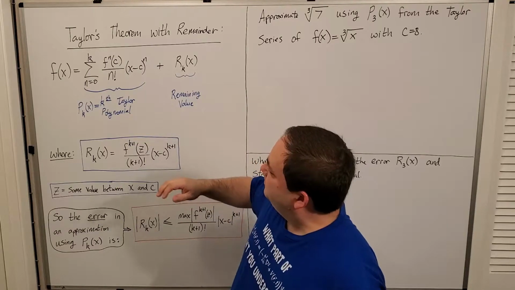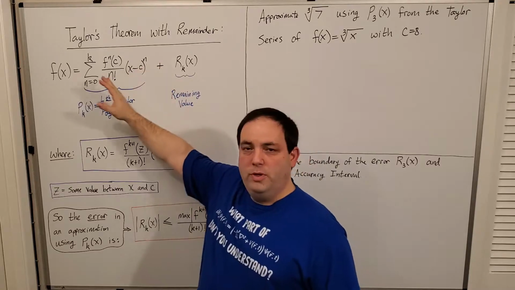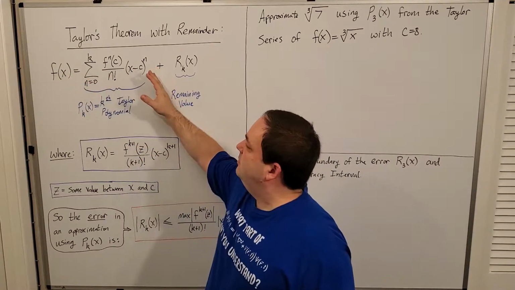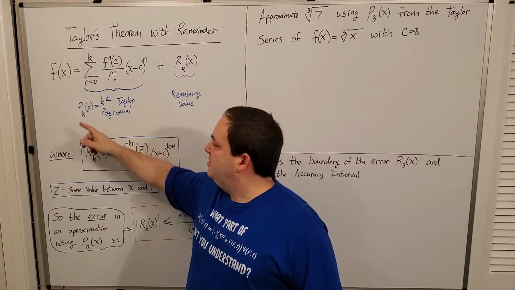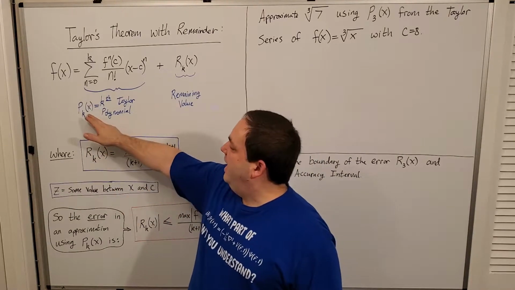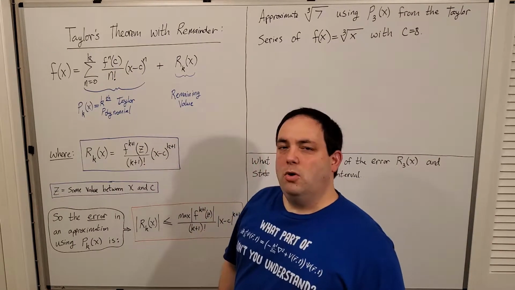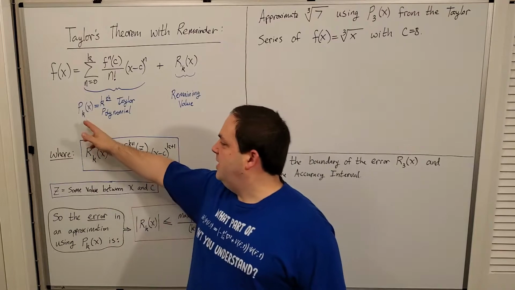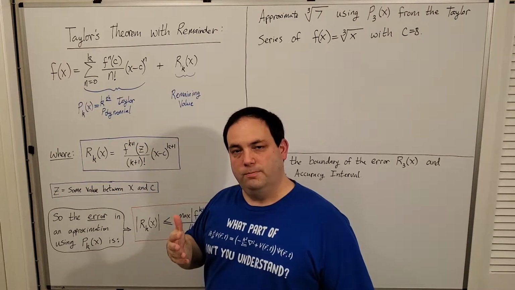It says that if you have some Taylor polynomial up to k, then we call that P sub k of x, centered at c. But notice I didn't go all the way to infinity with that. That's a Taylor polynomial up to some n equals k term.